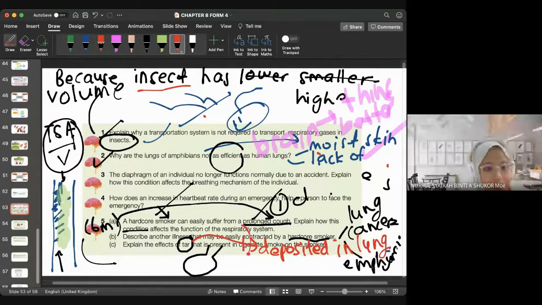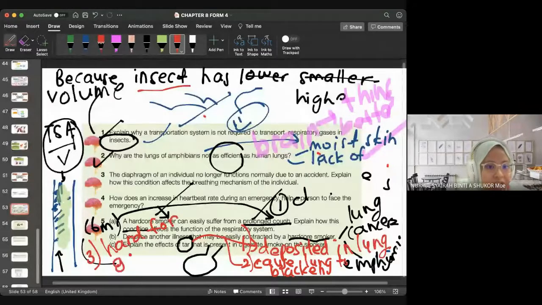First mark. Second mark, cause lung to blacken, blacken your lung. Third mark, hard for gaseous exchange to occur.